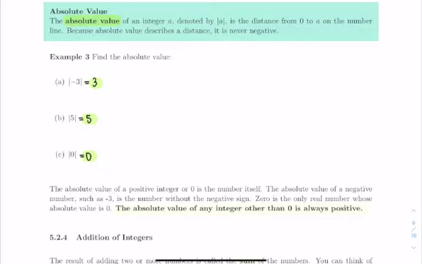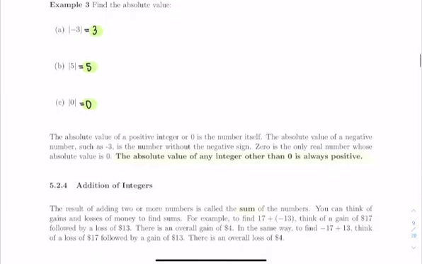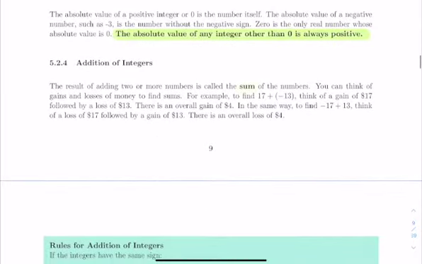The absolute value of a positive integer, or 0, is just the number itself, and the absolute value of a negative number is just the number without the negative sign. The absolute value of any integer other than 0 is always positive, and that's just because 0 doesn't have a positive or negative sign.